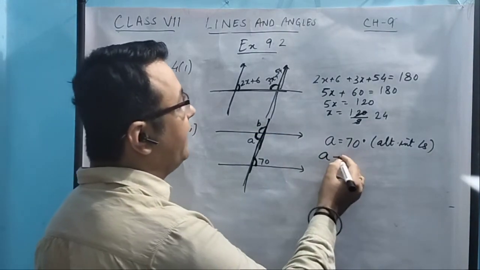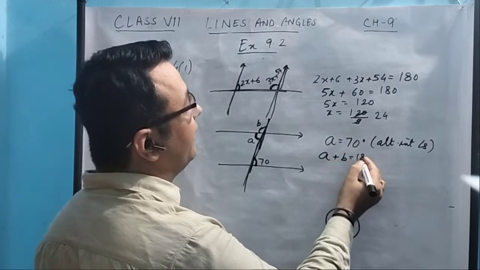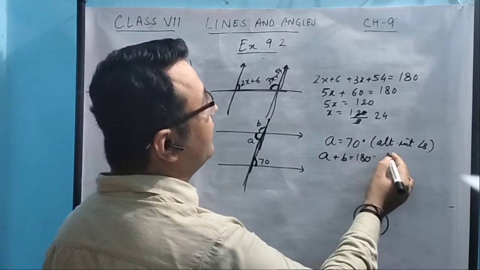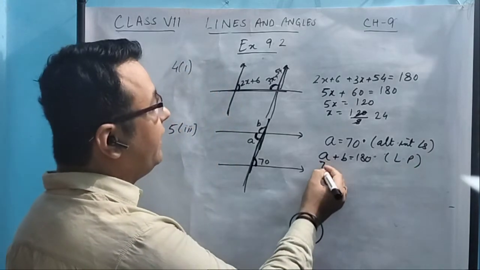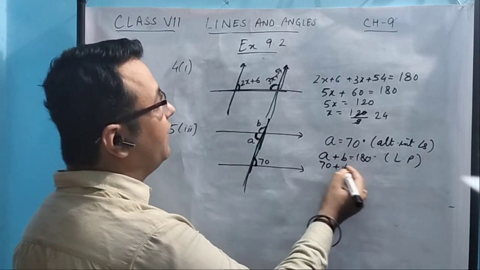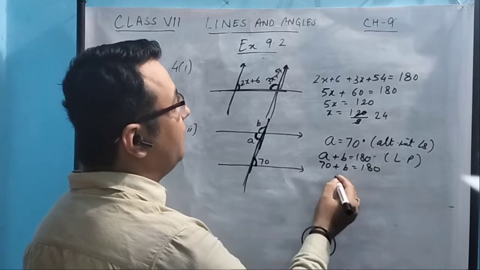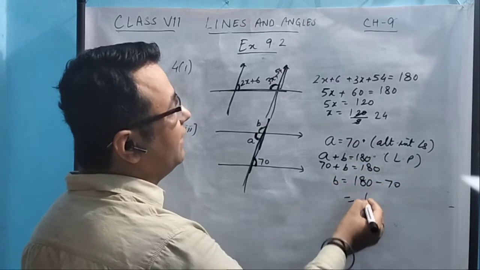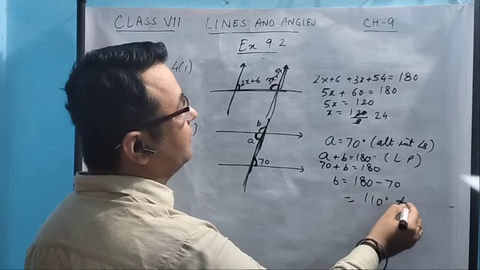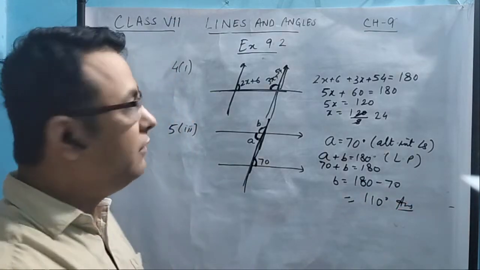So we can write A plus B is equal to 180 because the sum of angles in a linear pair is 180. So A is 70. From here we can find the value of B. So B will be equal to 180 minus 70, that is 110 degrees. So this is how we will solve this question.